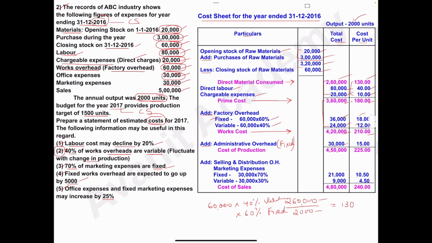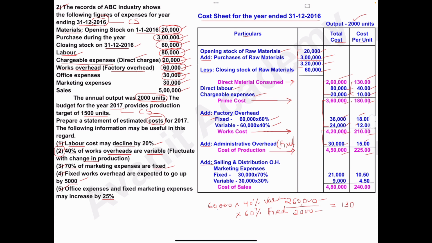Per unit, 30,000 divided by 2,000, we will get 15. Add these two amounts, works cost plus administrative overhead: 4,20,000 plus 30,000, total is 4,50,000. Cost per unit: 210 plus 15, total is 225. This is called cost of production.